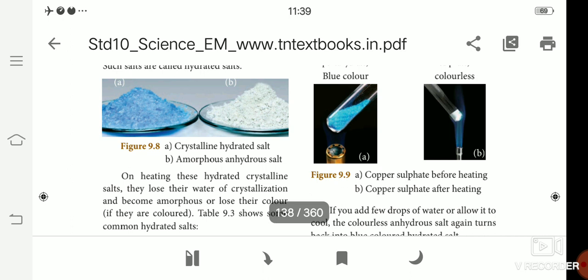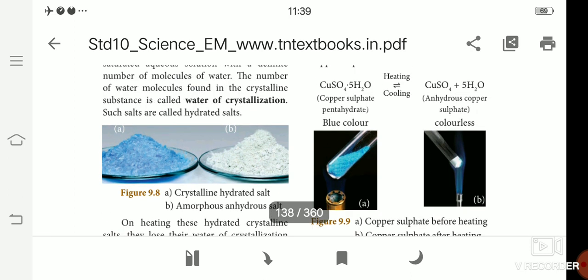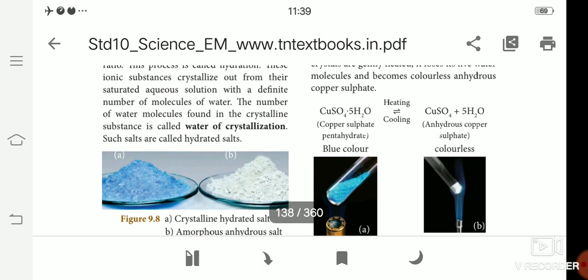The product is anhydrous copper sulfate, the white salt, which has lost its water. The formula CuSO4 5H2O is the hydrated salt.